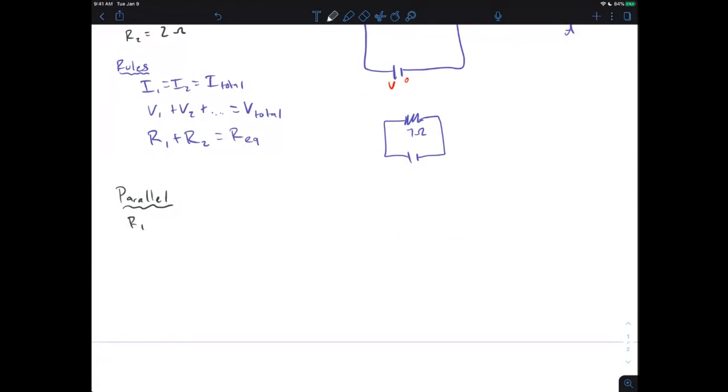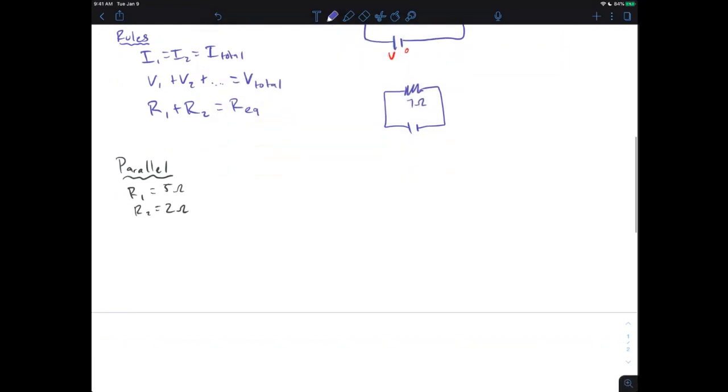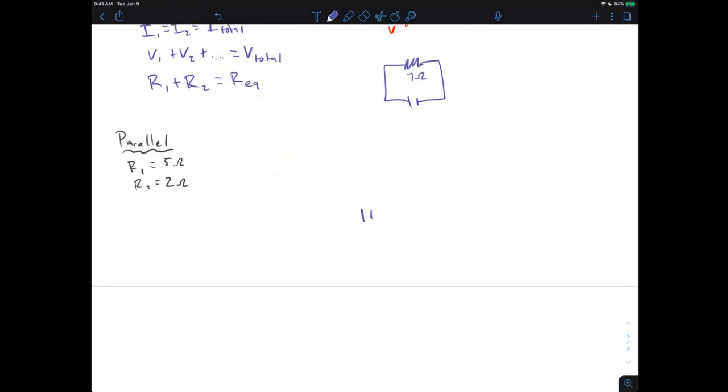We're going to use the same R1 as 5 ohms and R2 as 2 ohms. But this time, we're going to use this in my circuit as a fork.